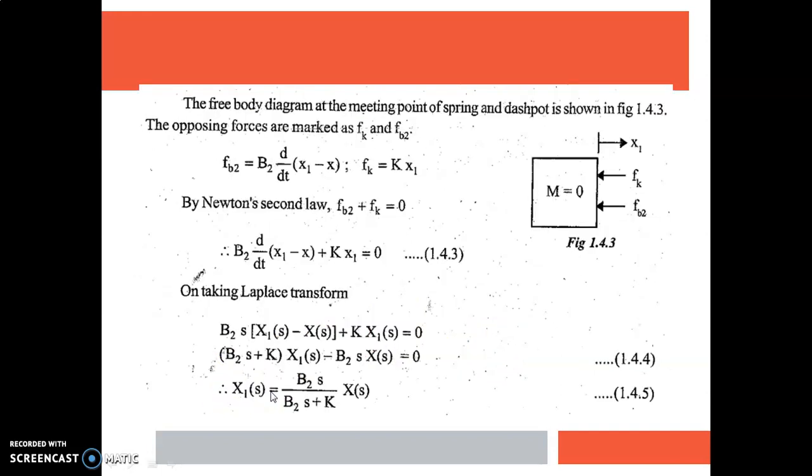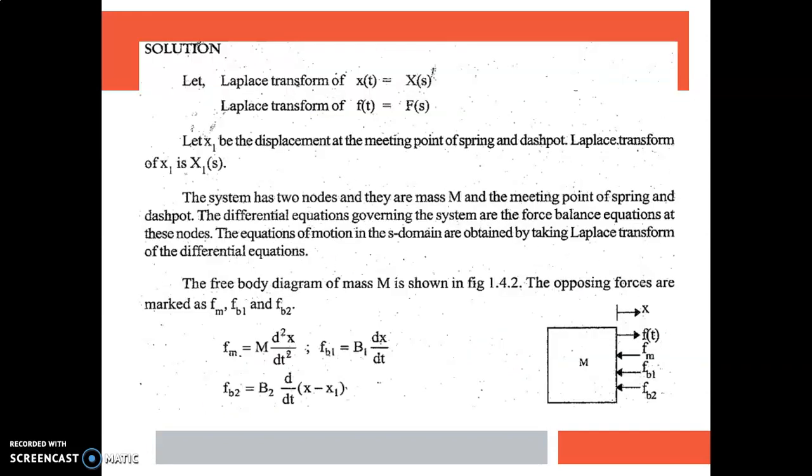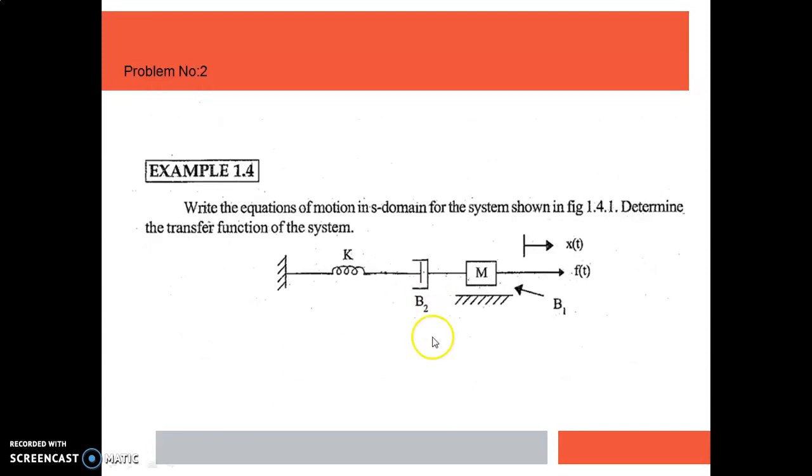Now we can consider the second mass body. So we are considering a mass body here with m is equal to 0. So what will be the forces exerted on that? Since m is equal to 0, there will not be Fm, isn't it? Mass is equal to 0, so there is no force exerted by the mass.